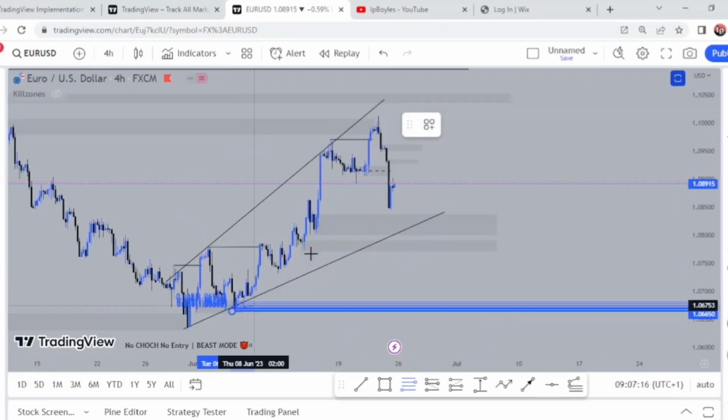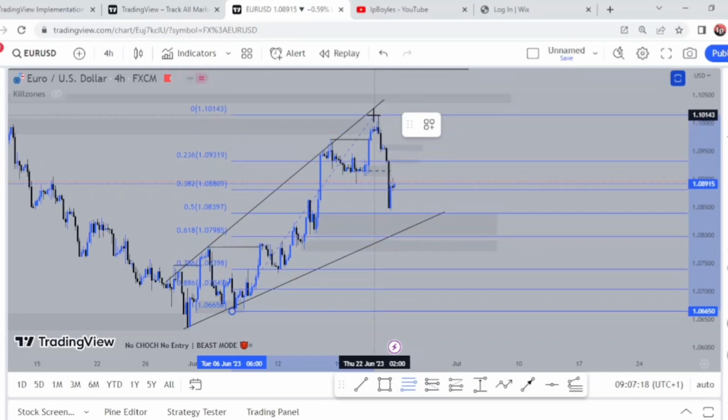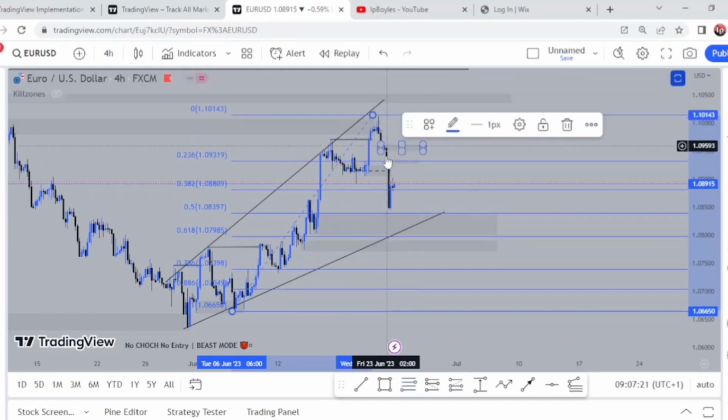Pull your Fibonacci from the swing low to the swing high of the trend. Since we are in the uptrending market, we are looking for the market to go below our 50%, hit our demand zone, give us a confirmation for entry before we take any buy setup.